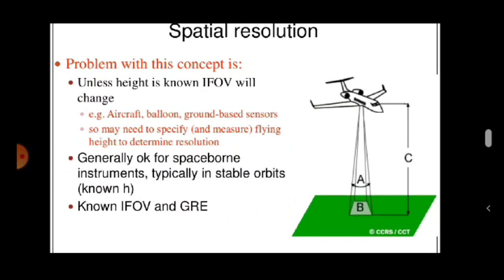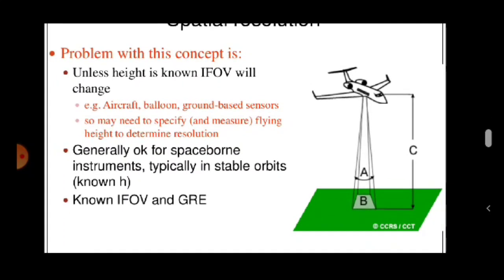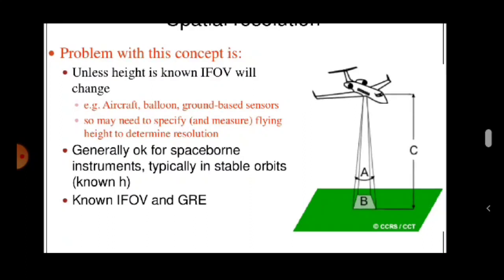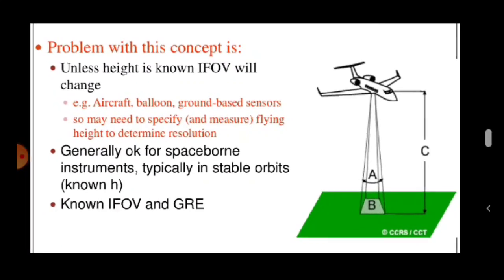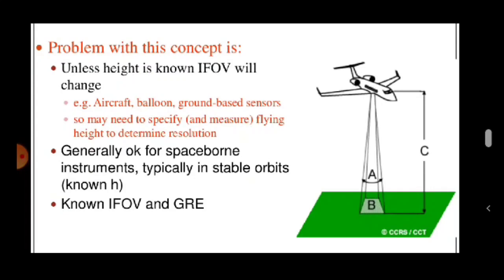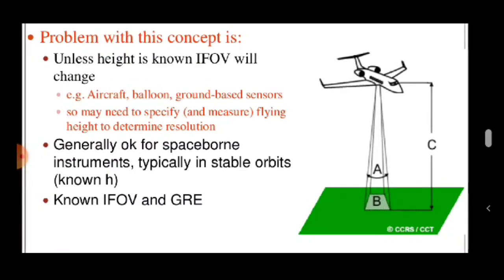And there are some problems with this concept. One is, unless height is known, IFOV will change. H changes from platform to platform, so we need to specify the flying height to determine resolution. We can't say for sure that a platform is at a certain height.